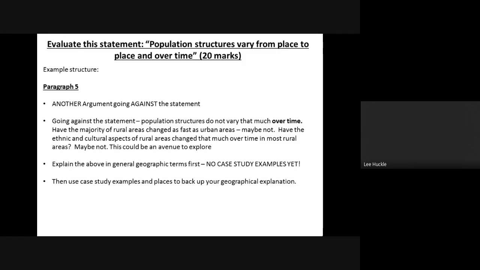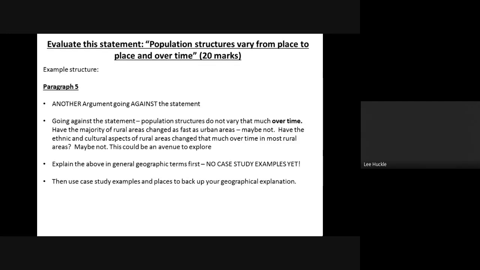And this is where I suggested that you bring in the cultural and the ethnic side of population structure, because rural areas, urban areas have changed over time, but has the specific ethnicity and cultural aspects of those places changed at the same rate? Urban areas, yes. Rural areas, obviously, no. Explain that in general geographical terms first.